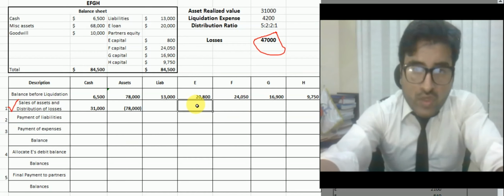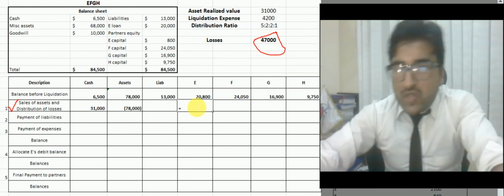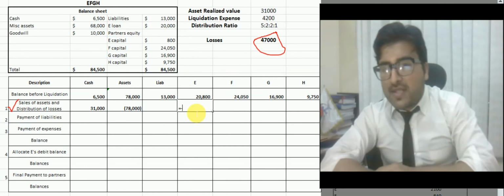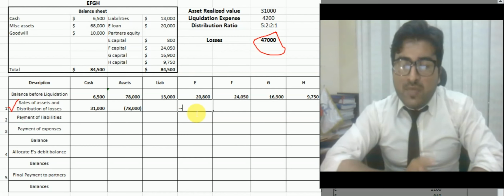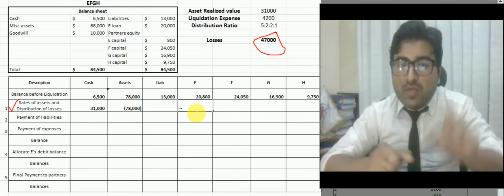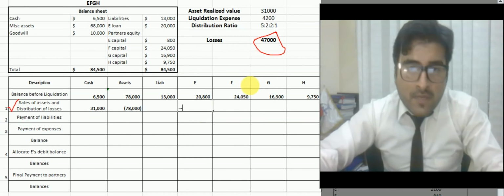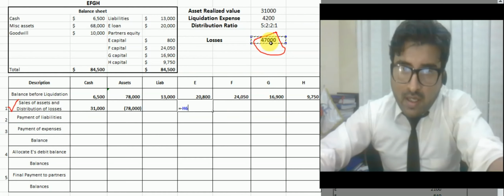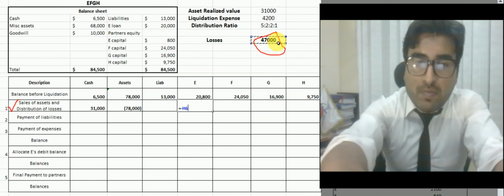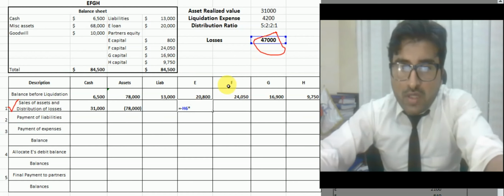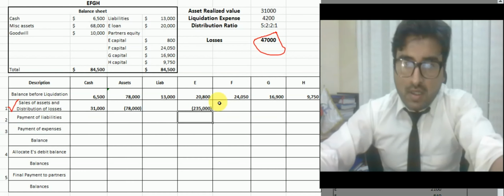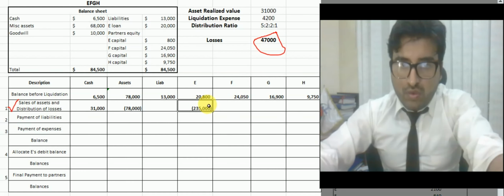We come to E. From E you have to subtract, so write equal sign and then minus. The value we compute here is to be subtracted from the E capital. So how much is the loss? Click on the loss, and then what is the ratio? The ratio of E is 5, so click on 5.